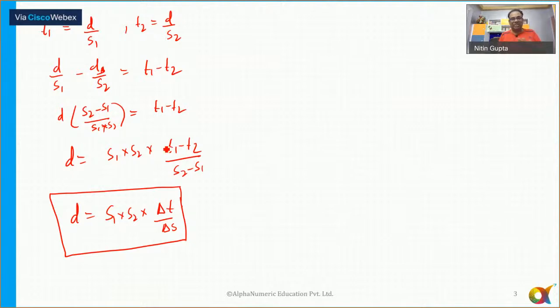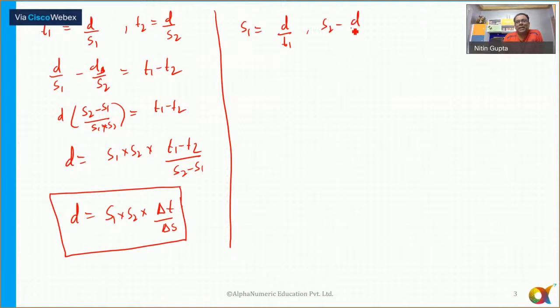Now, this is the thing which we have used in question number 1. Similar scenario: S1 is equal to distance upon time 1. S2 is equal to D by T2, if the distance is constant. If I take a difference between these two, what is going to happen?